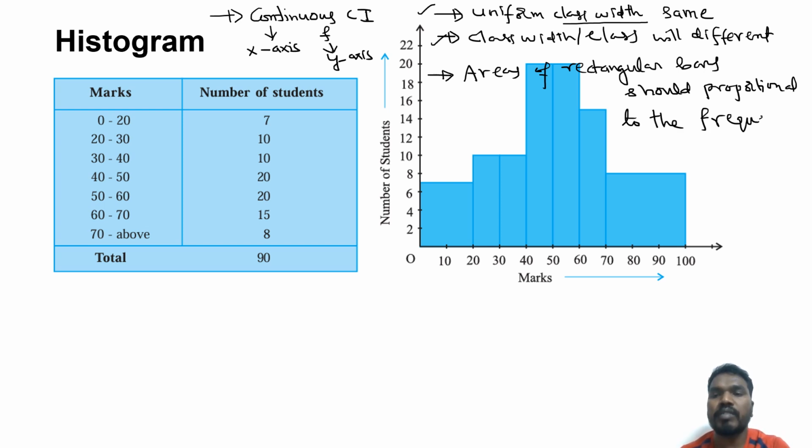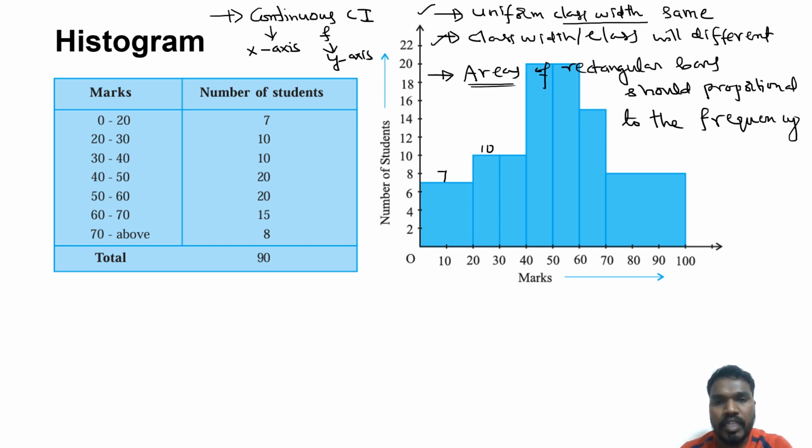What is the meaning of this? Let's say suppose here the frequency is 7, and here the frequency is 10. The area of the rectangular bars should be proportional to the frequency.